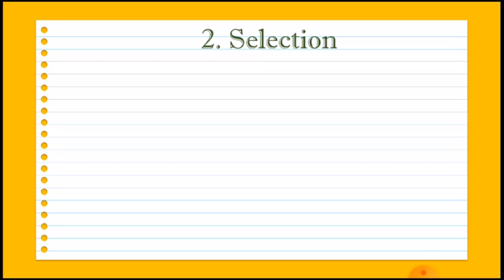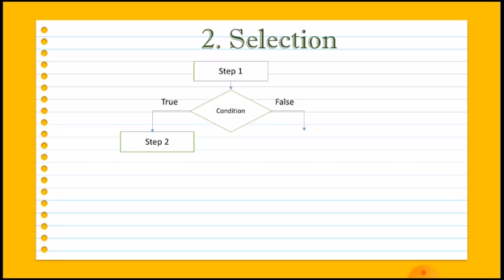So suppose after executing the first step there is a condition. Suppose the condition is true, then step 2 will execute and step 3 will not be executed.